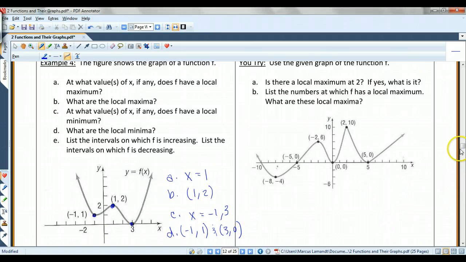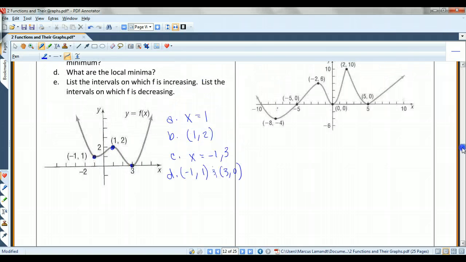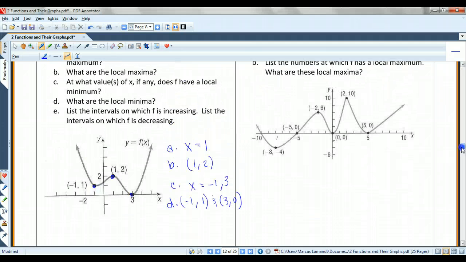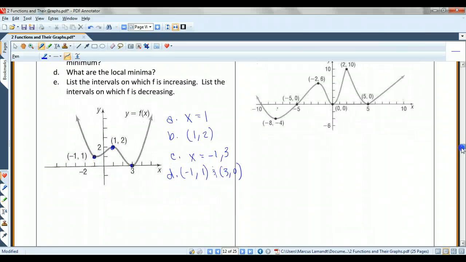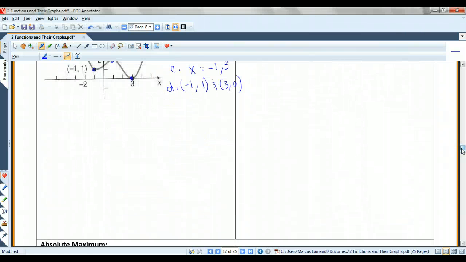There we go. Now list the intervals on which f is increasing, list the intervals on which f is decreasing. Okay, increasing, you can kind of see only half the graph, but it's in your paper also. From here to here, let me scroll up just a little bit.